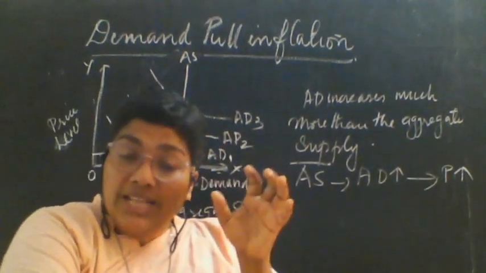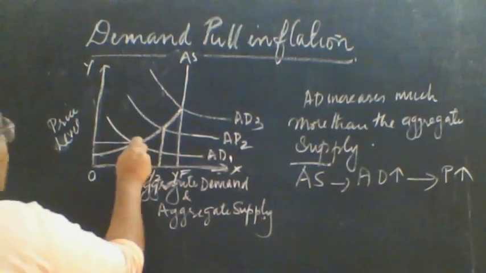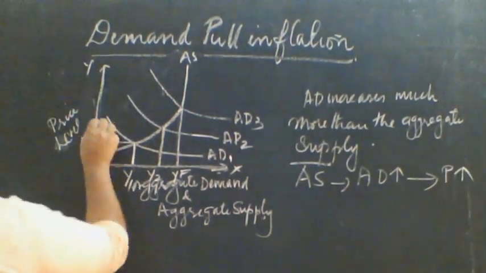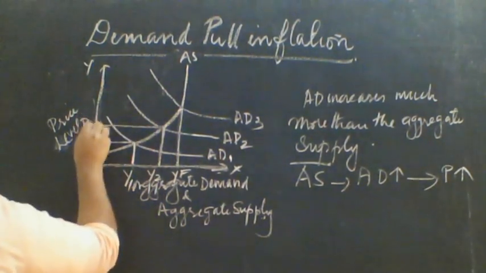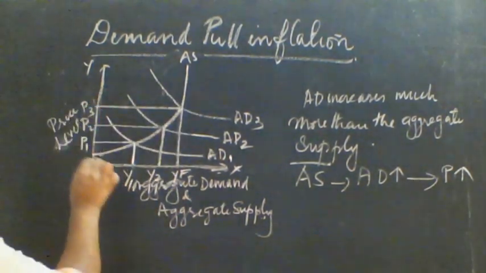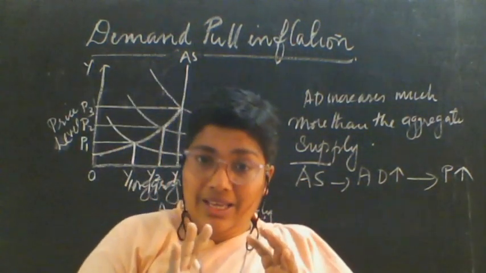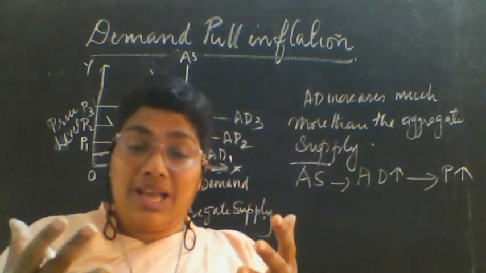So at AD3, output remains constant. Look here. At OY1 price level is P1, at OY2 price level is P2, at OY3 price level is P3. So what do you see? Price level is increasing as a result of increased aggregate demand.